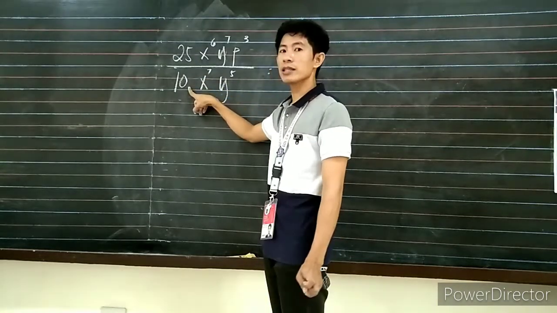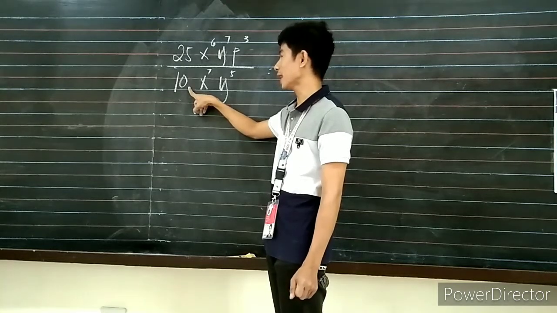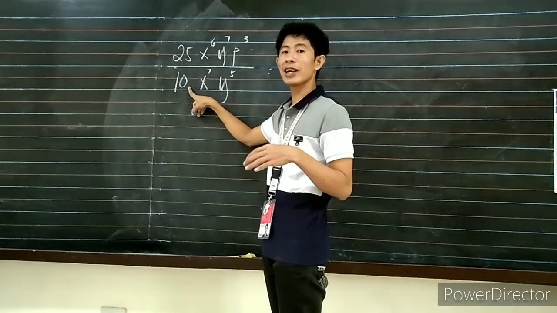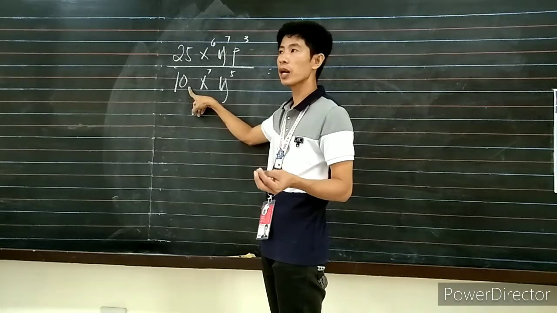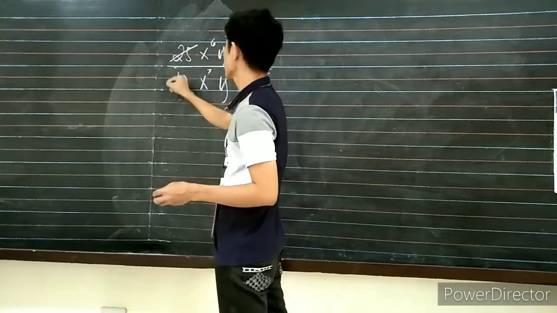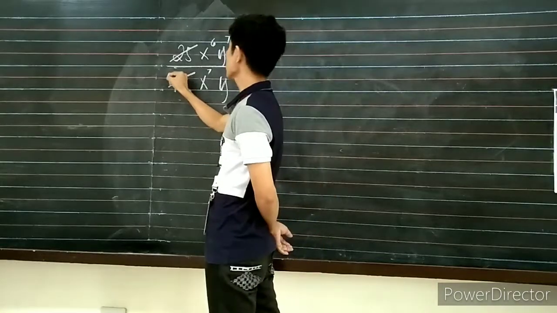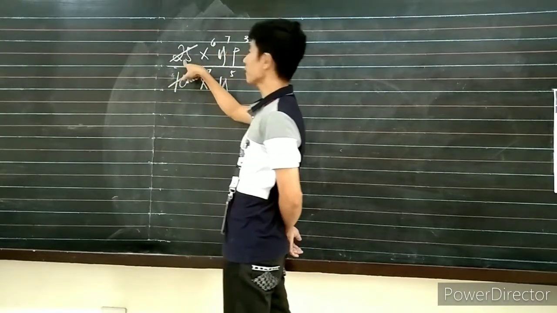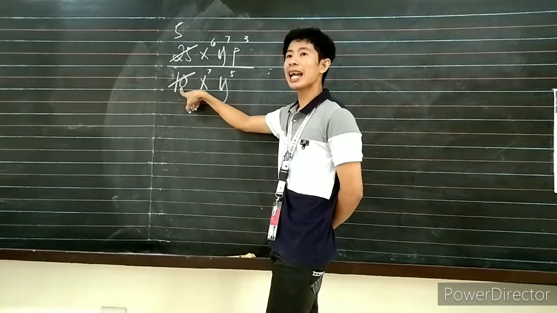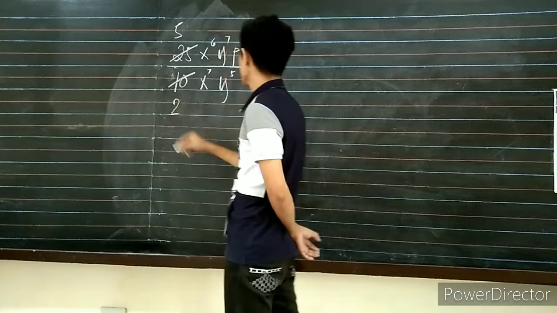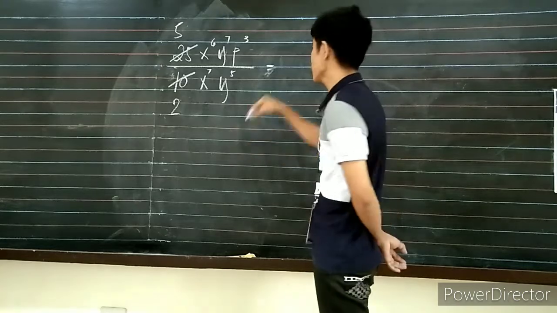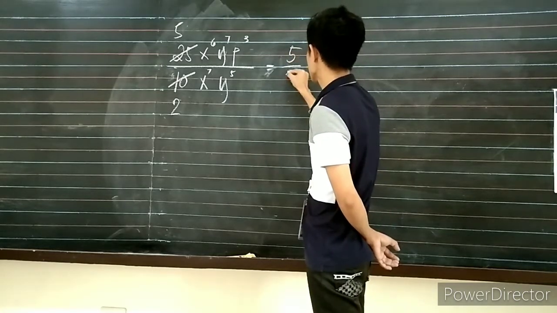We're going to find the greatest common factor of 25 and 10, the biggest number that will divide 25 and 10, and that is 5. So we divide 25 by 5, the answer is 5, and we divide 10 by 5, the answer is 2. Therefore, the simplified numerical coefficient is 5 over 2.